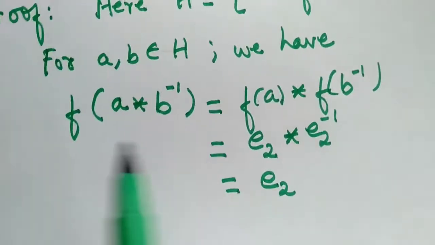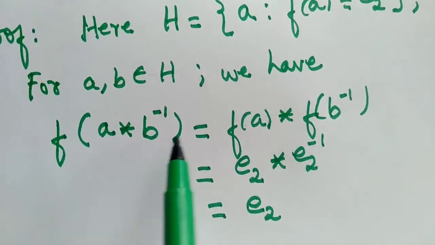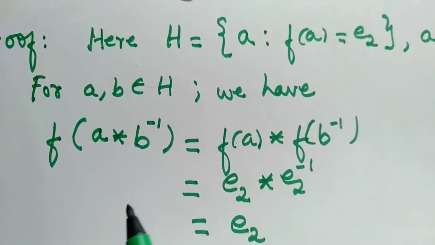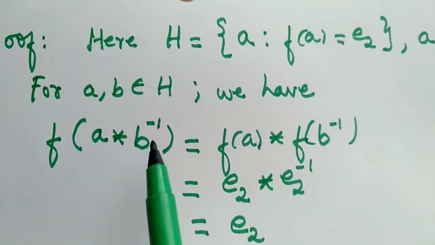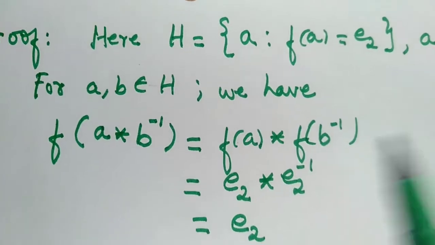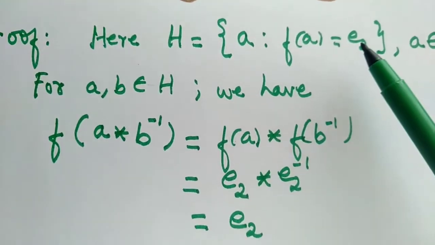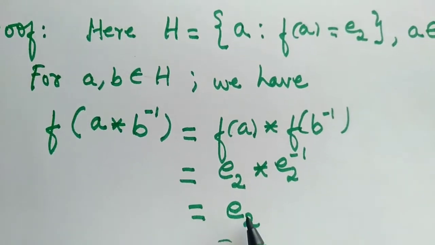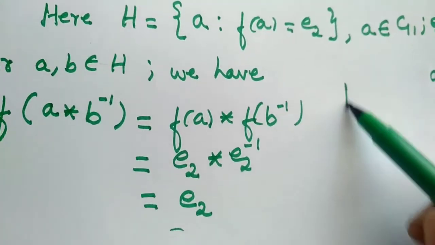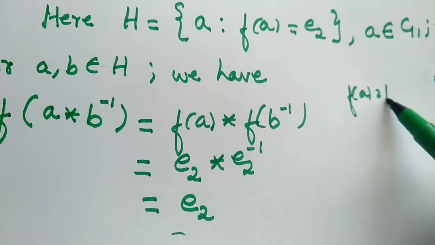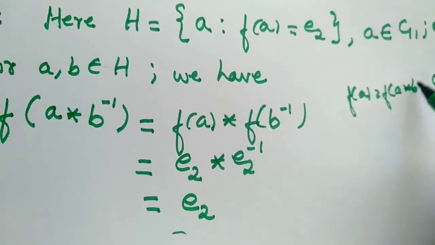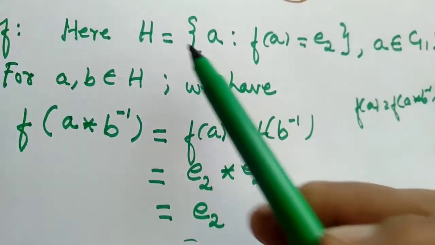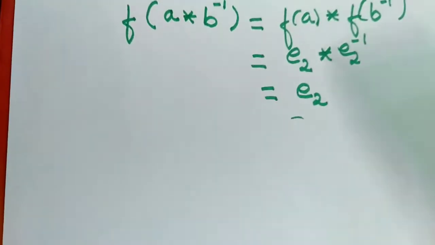So F of A star B inverse is equal to E2, which implies that A star B inverse belongs to H. Why? Because F(A star B inverse) is equal to E2, so A star B inverse belongs to H.